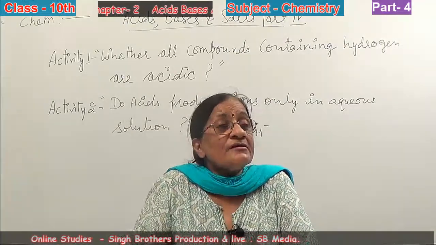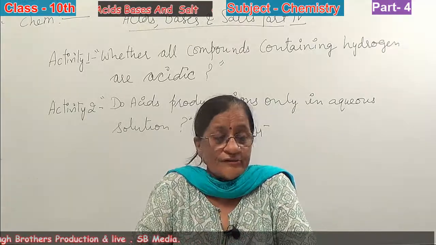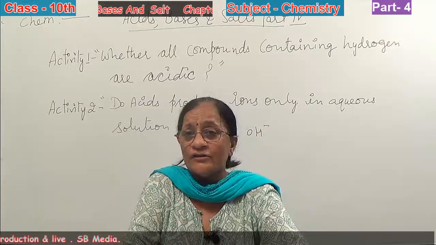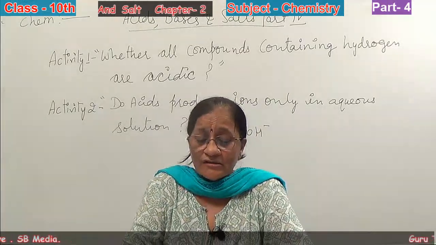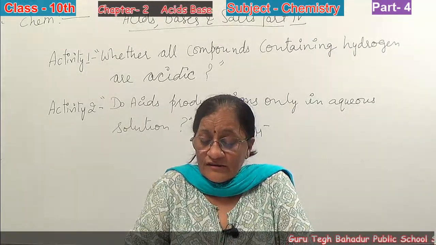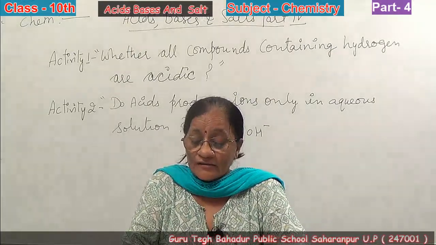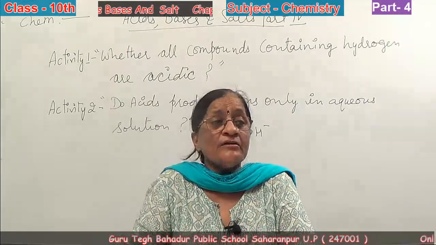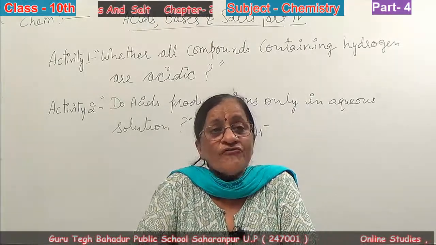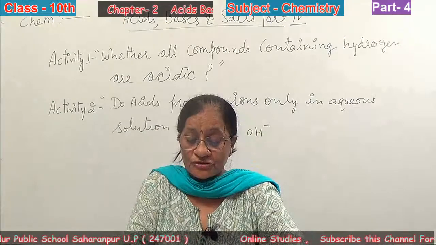As we have discussed earlier about litmus, turmeric, methyl orange, phenolphthalein, etc. These are also indicators, but universal indicator is a mixture of all these indicators, and it shows different colors at different concentrations of hydrogen ion in a solution.